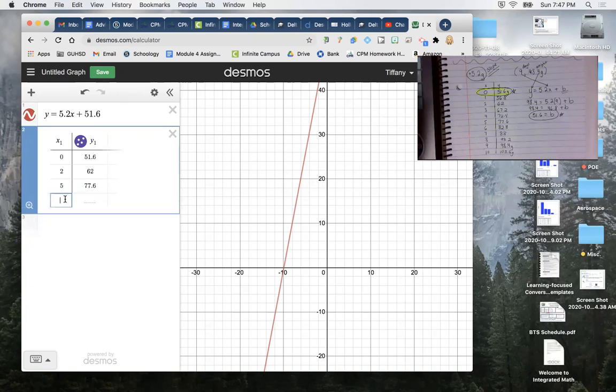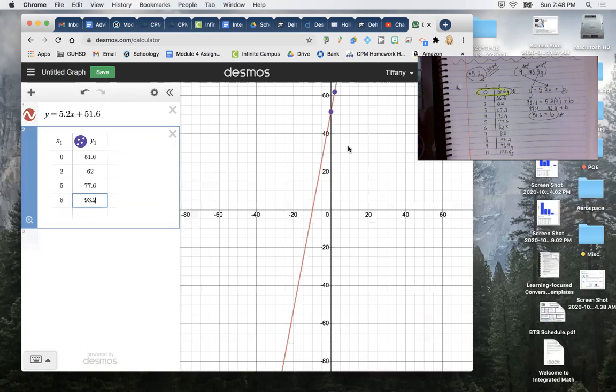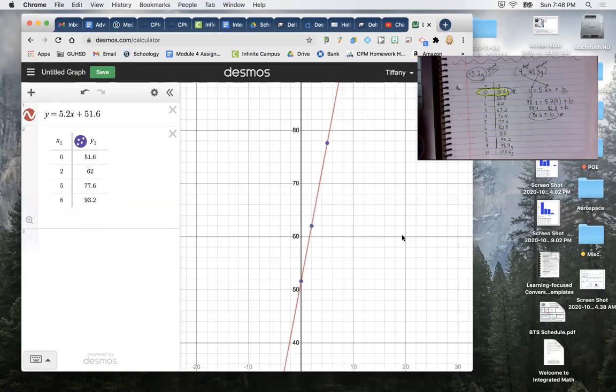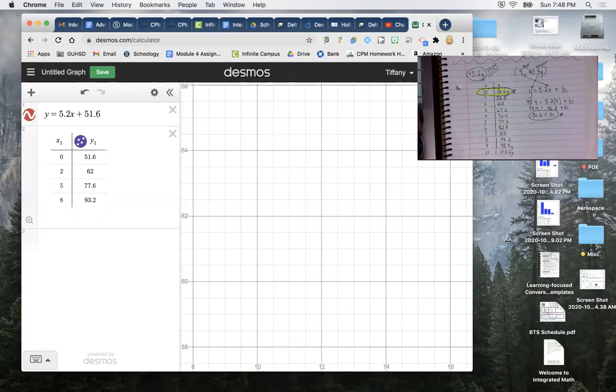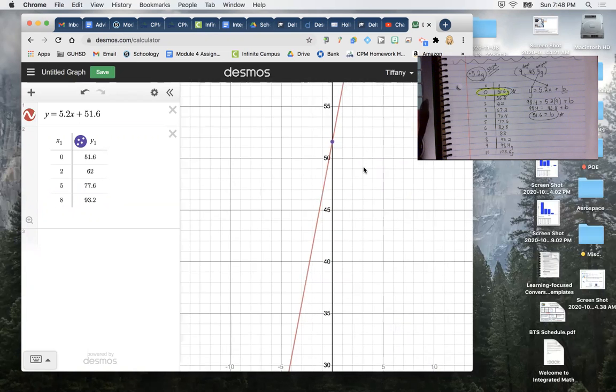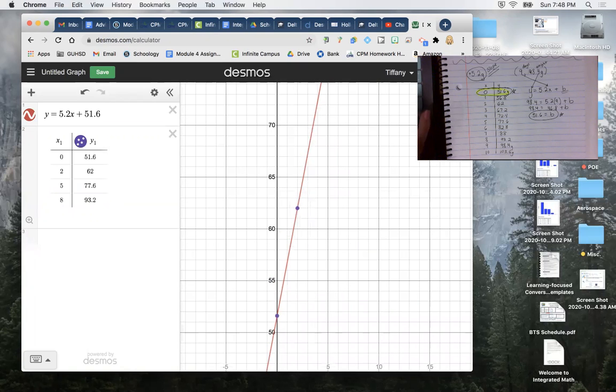I'm going to put 8 and 93.2. I'm going to see if some of these points or all of them are on the line. And sure enough, it definitely looks like they are on the line. I'm zooming in and zooming out here. But all the points that I just put on here, in fact, if I had taken the time to do all 10 of these, they all should be on the line.